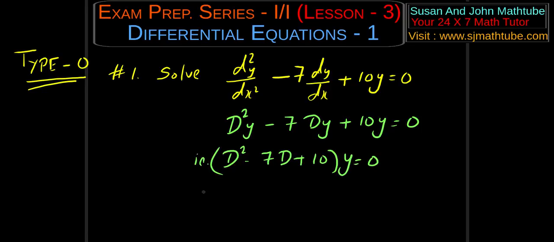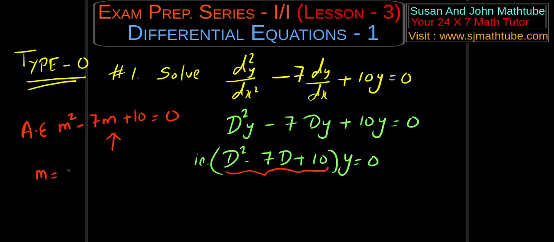Now the next thing to do is write the auxiliary equation. So you have to consider only this part. That is m square minus 7m plus 10 equal to 0. Now use a calculator and solve this equation so that you get the values of m, and m is equal to 2 comma 5.